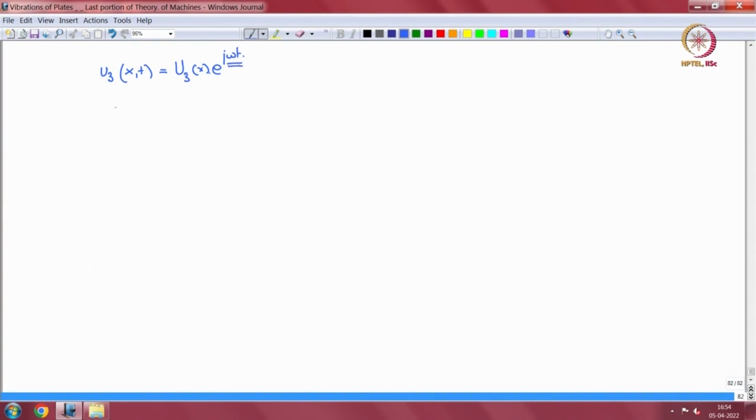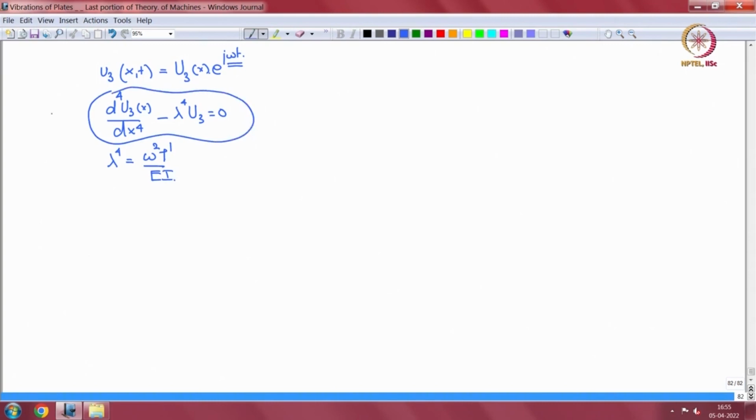If you substitute it back, I get d4 u3(x) by dx4 minus lambda fourth u3 equal to 0, where lambda fourth is omega square rho dash by EI. So this is a fourth order ODE.